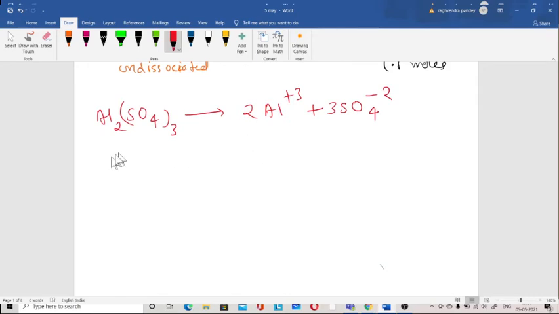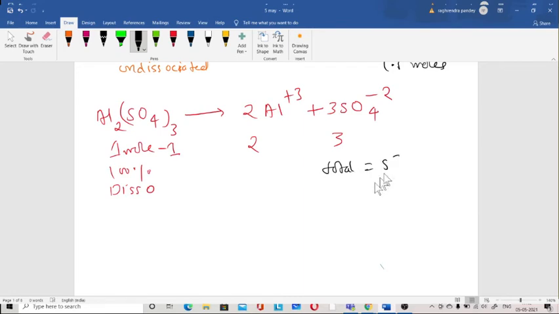Now suppose again I am taking 1 mole and 100% dissociation. What are the total moles? Out of 1 mole, all will dissociate. It will produce 2 moles of aluminium ion and 3 moles of sulfate ion. So total moles are 5.